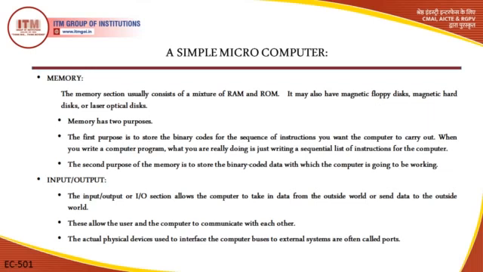So memory has two purposes. The first is to store the binary code for the sequence of instructions, that means the program. The second is to store the program or data after the computer goes off.